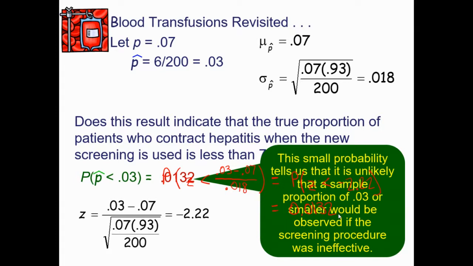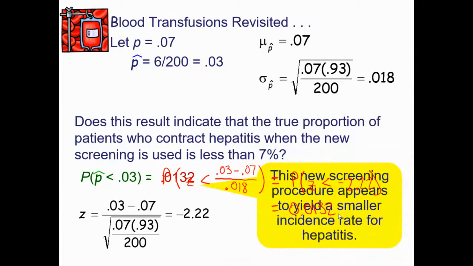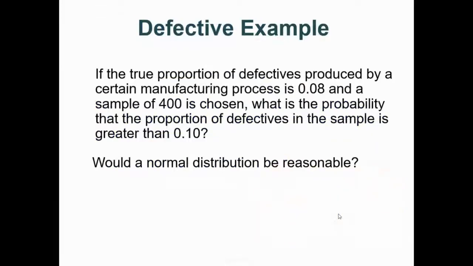Which means if it's not ineffective, it has to be effective. So the new screening procedure appears to yield a smaller hepatitis rate, which is a good thing.